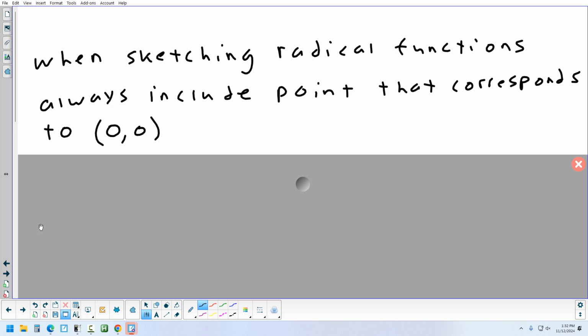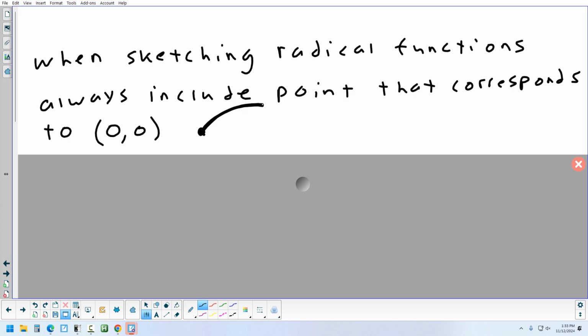What direction does that normally go in, if you were to graph a square root? To the right. Unless you reflect it, it starts here and goes to the right. So square roots have a start point.